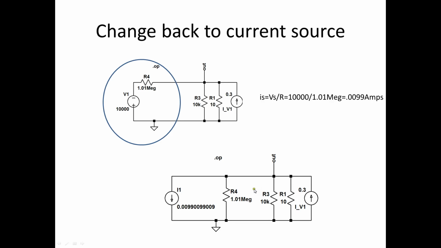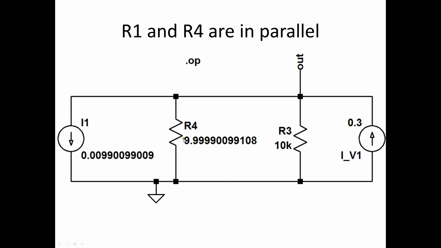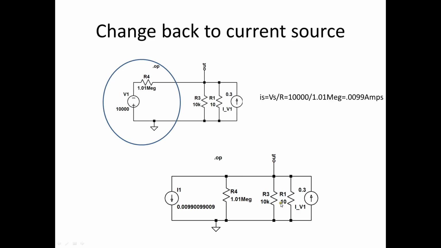We notice that R1 and R4 are in parallel, and so we combine them into R4, which is almost 10 ohms, and you'd expect that for 10 being so much less than 1.01 mega ohms.